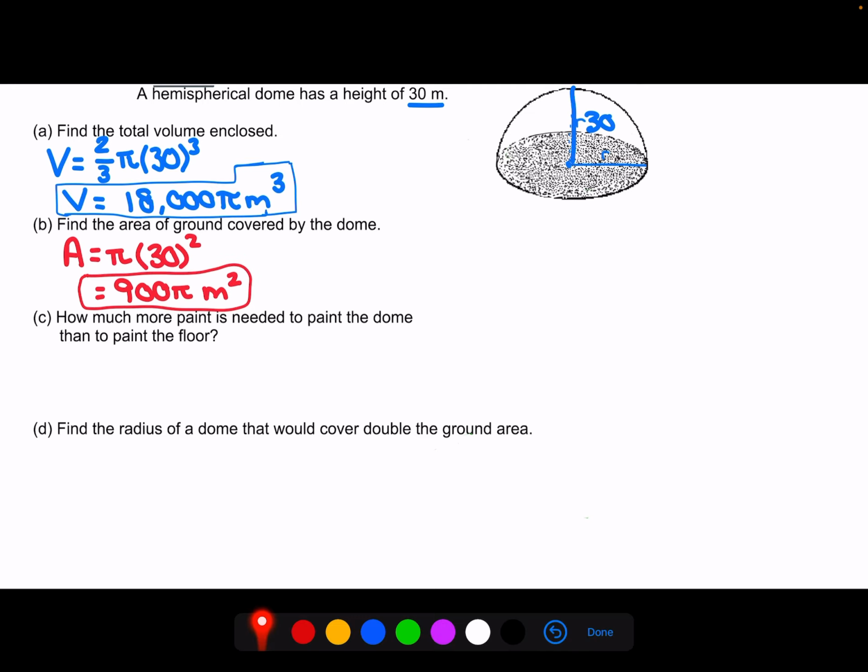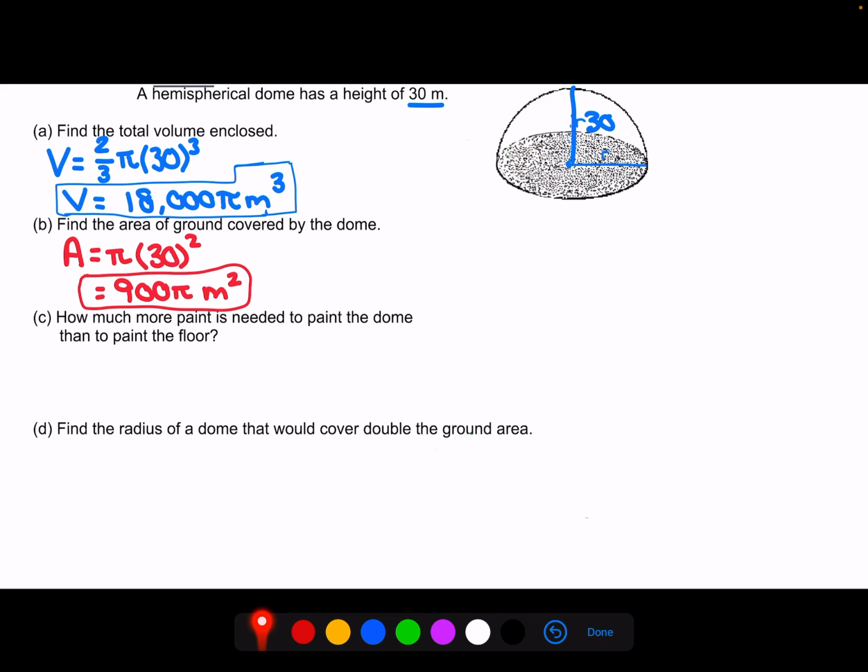Next up, we want to find out how much more paint is needed to paint the dome than is needed to paint the floor. Well, if we're painting the dome, think about what that is. If I'm painting the outside of the dome, that's the outside facing area, which would be the surface area. I'm not counting the base here, so I'll go ahead and call that the lateral area for now.